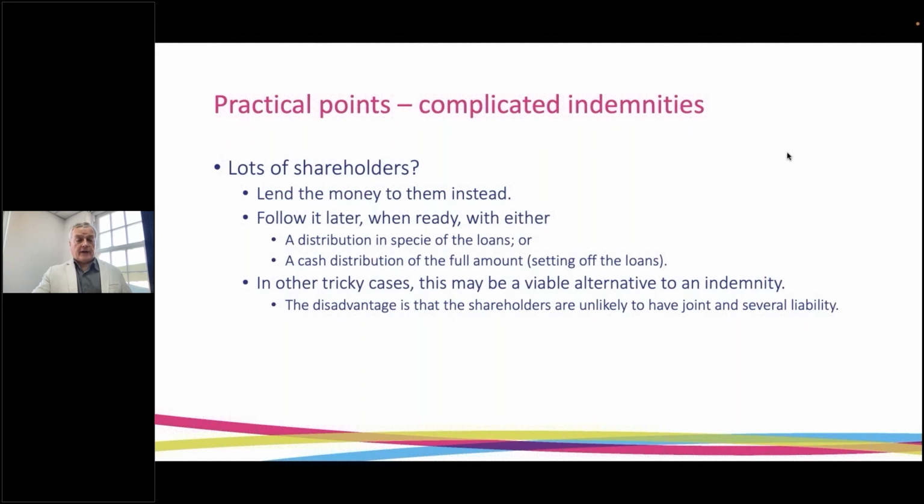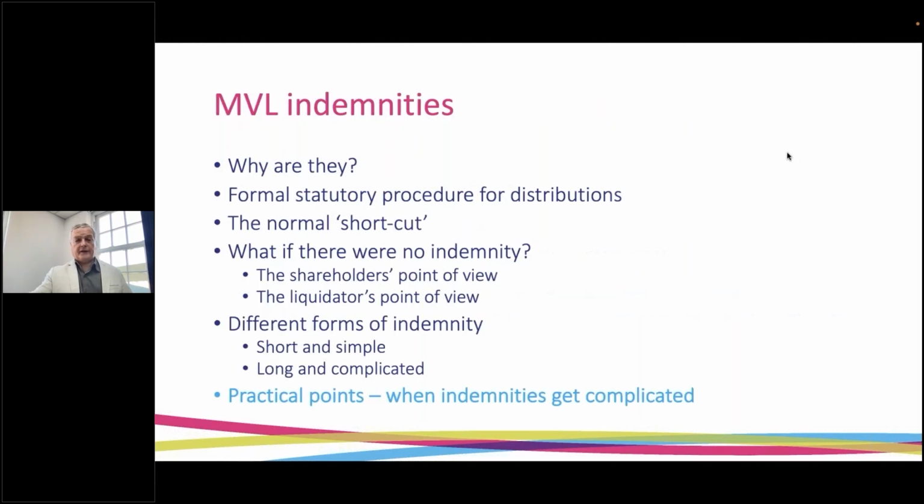And then having distributed most of the money in the company to most of the shareholders by way of a loan, when it came to making the final distribution, we were going to be making a distribution in specie of the loans back to the shareholders who had received them. And in difficult cases, this may be a good alternative to an indemnity, where the loan is made on terms that if you need the money back for the purposes of the liquidation, you can call upon the shareholders who have borrowed money from the company to repay their loans.